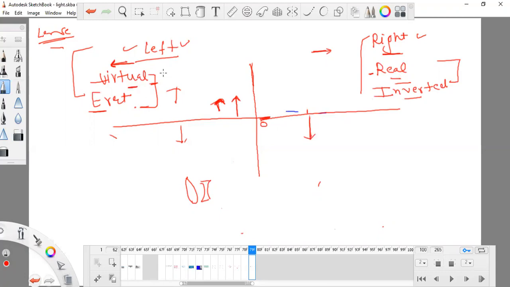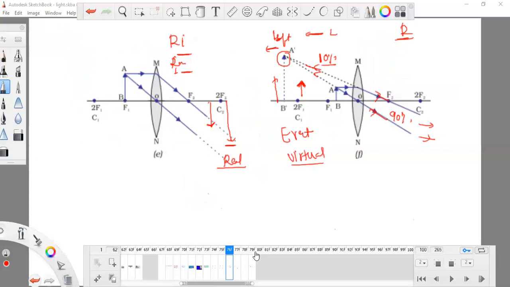It will happen when the light ray bifurcates in two parts. 90% of the light ray will go somewhere and 10% of the light ray will meet. This will be a virtual image. Remember this thing, that a virtual image is always formed when there is a bifurcation of light, meaning the light ray goes in two directions. The light ray is going in two directions, 90% this side and 10% returning.